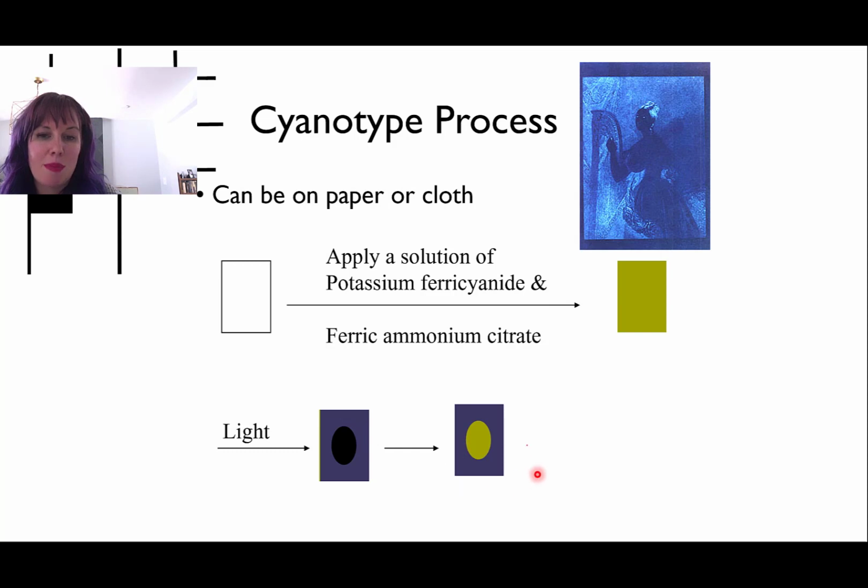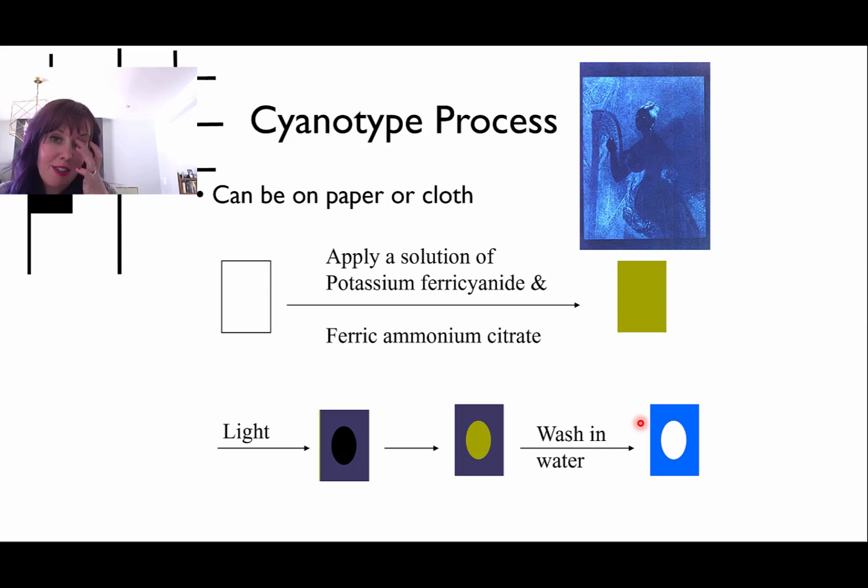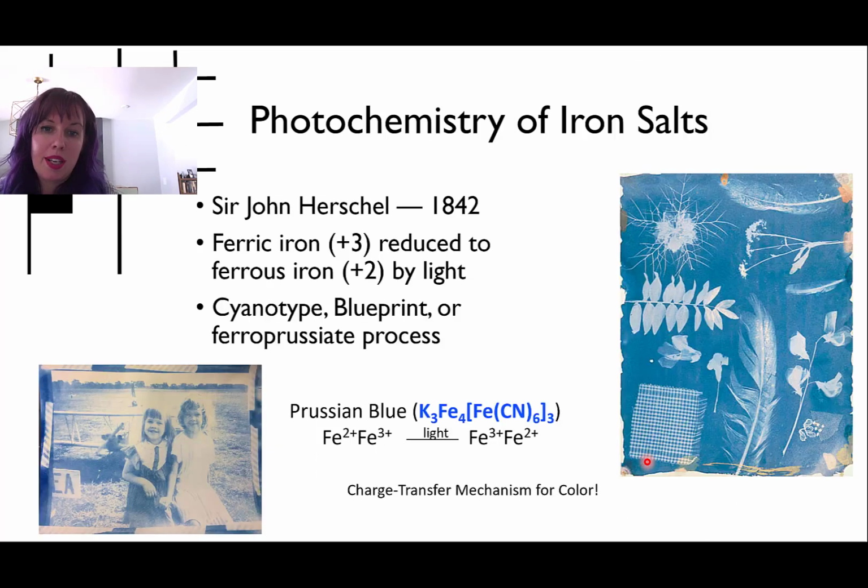And then you are able to wash off your unreacted iron just with water to get your cyanotype. So this was the first way that people made photocopies, with this cyanotype or blueprint process. But again, it's a charge transfer event between these two metal centers that's creating this deep blue color.